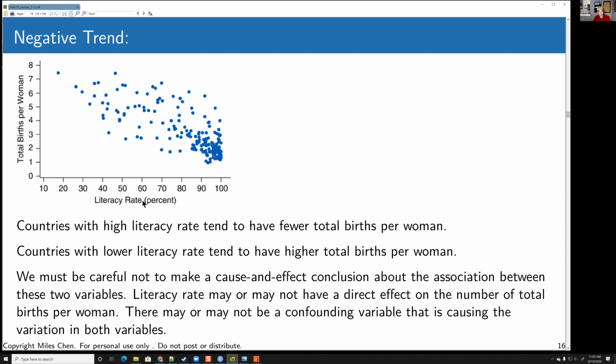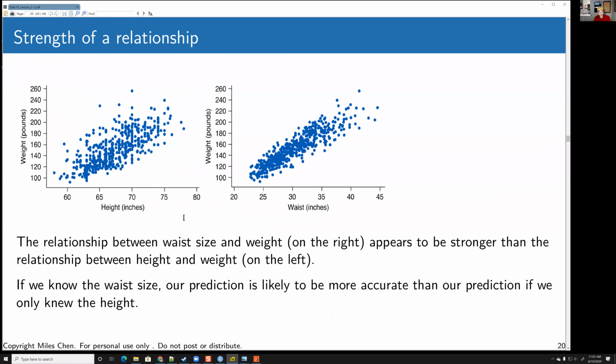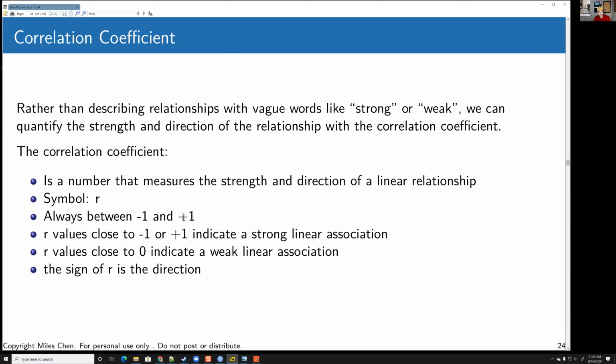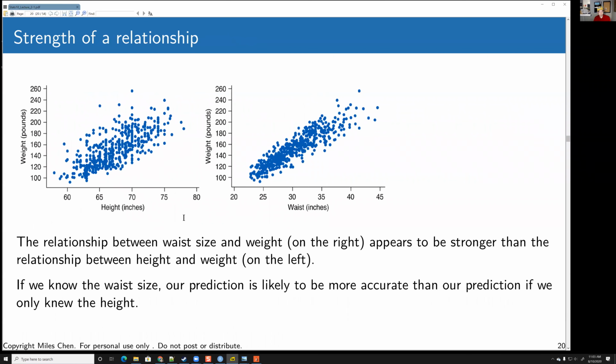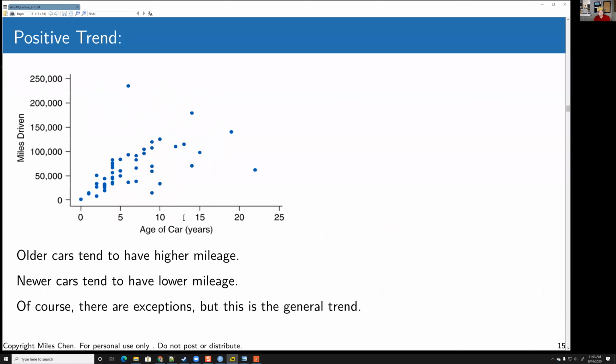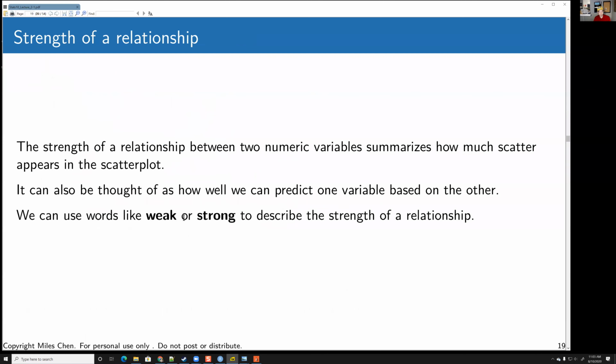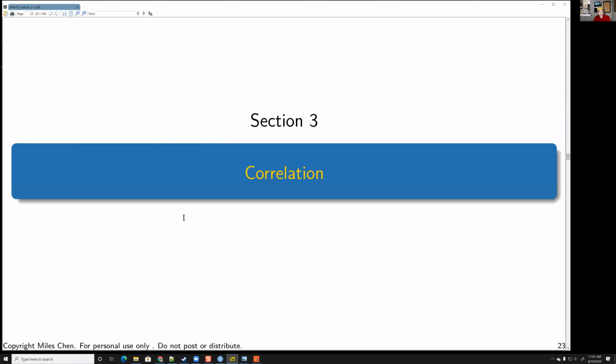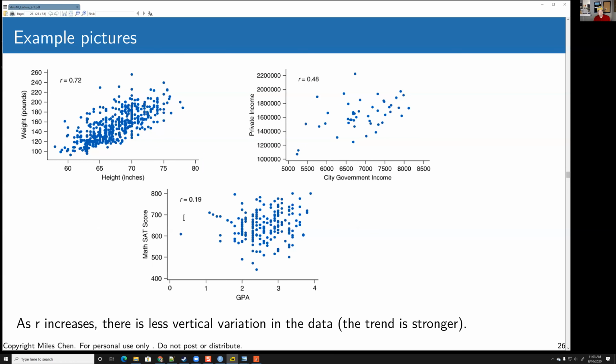I can't imagine a controlled experiment where we have this, but let's see. Actually, none of these plots could really be a controlled experiment.